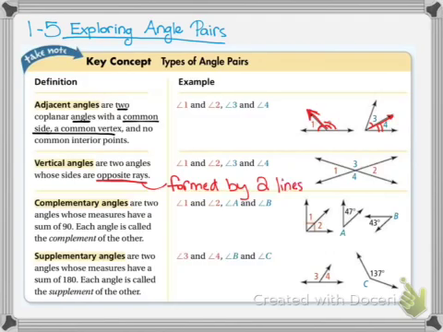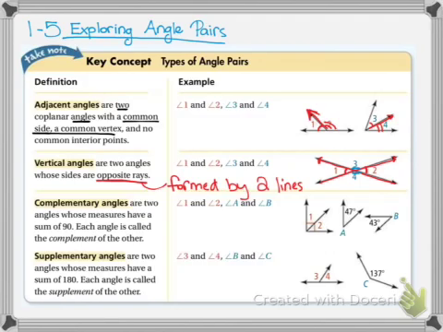All right, so for instance here, 1 and 2 are formed by opposite rays, are two intersecting lines, so they are a linear pair with one another. And then also, we can say that 3 and 4 are a linear pair with one another. They are also formed by intersecting lines.